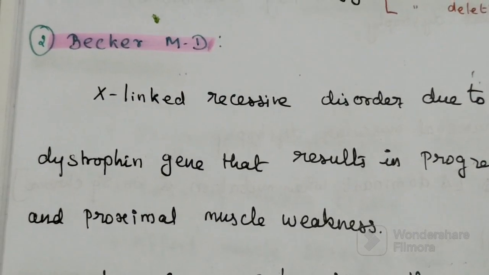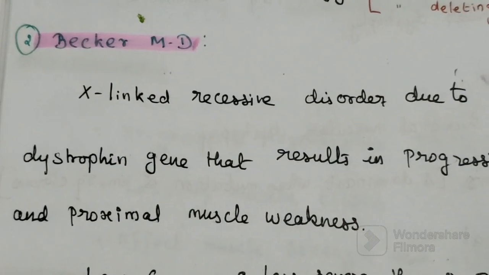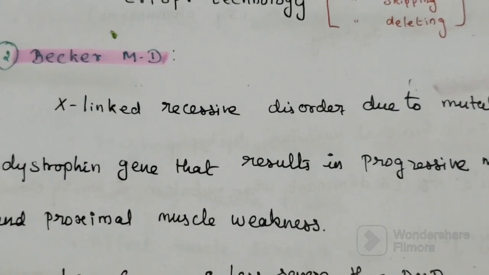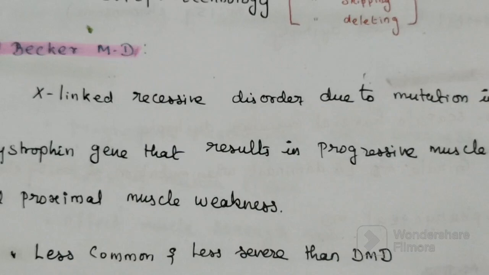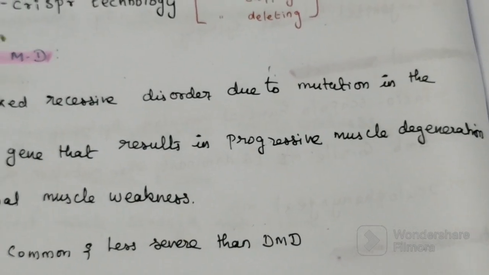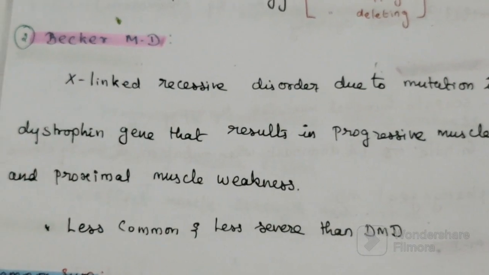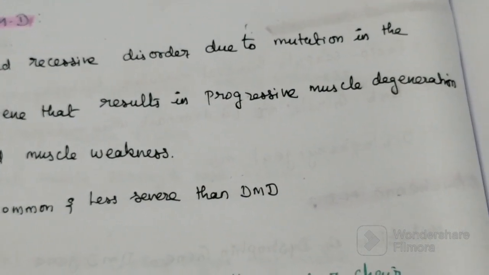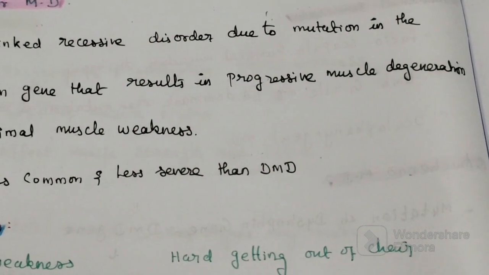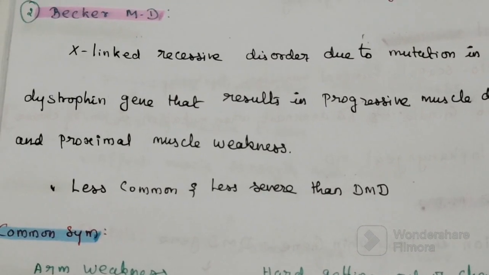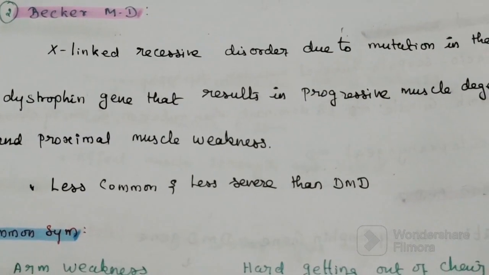Second one is Becker muscular dystrophy. This one is also an X-linked recessive disorder due to mutation in the dystrophin gene that results in progressive muscle degeneration and proximal muscle weakness.